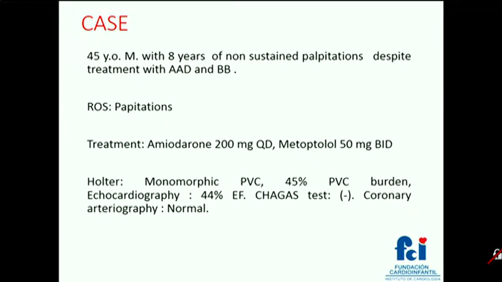There is no history of pathology. The treatment was amiodarone 200 milligrams per day and metoprolol 50 milligrams twice a day. A Holter was done that showed monomorphic PVC 45%, an echo with an ejection fraction of 44%.